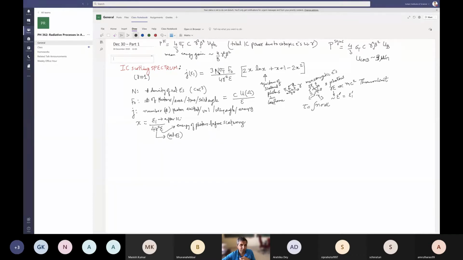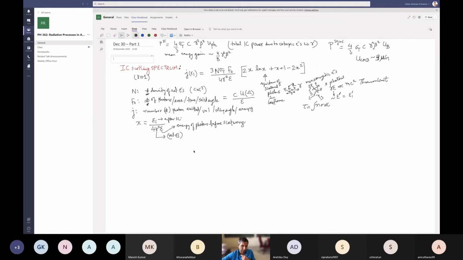So this becomes number per unit volume, per unit solid angle, per unit energy, and x is dimensionless. I recall that these are number fluxes, not energy fluxes. Okay, this is to be consistent with the notation of Rybicki and Lightman.